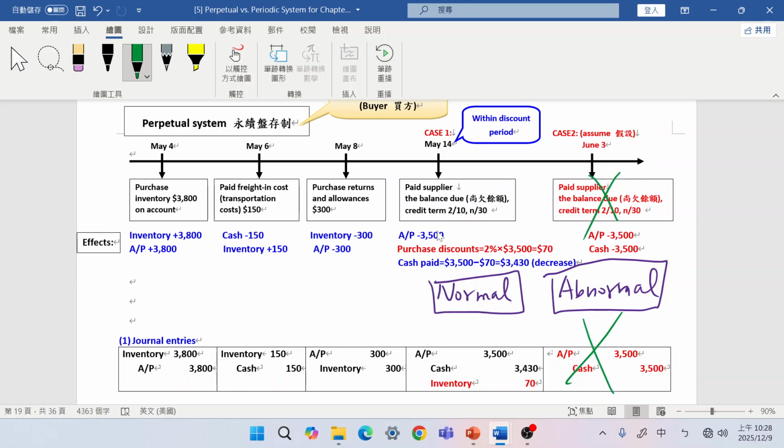Page 21, post to your T account. Remember, the date is very important. So don't forget the date. You have to write down the date.